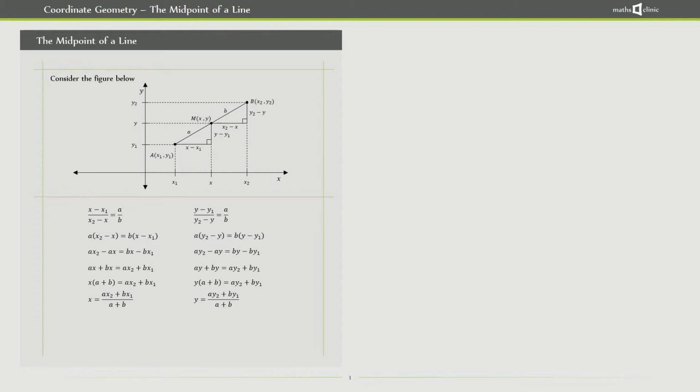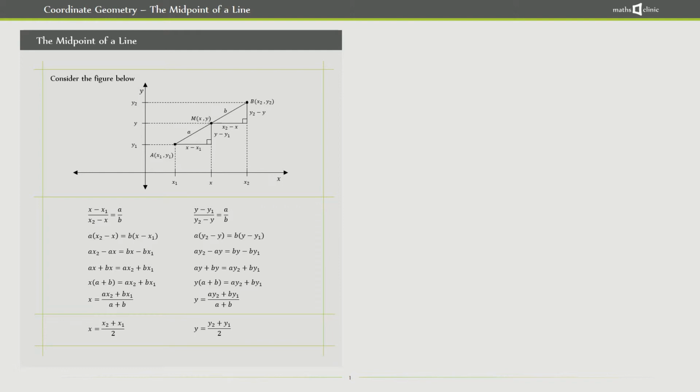So you can apply this formula with a as 1 and b as 1. That brings the formula to x equals 1 times x2, so you just have x2, plus 1 times x1, so you just have x1, all over 1 plus 1, i.e. 2. Similarly you have the same for y.